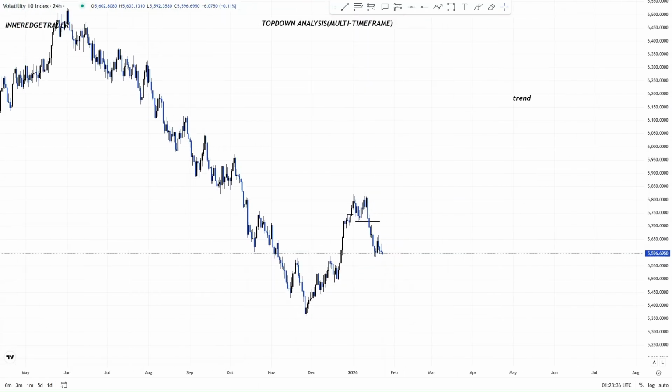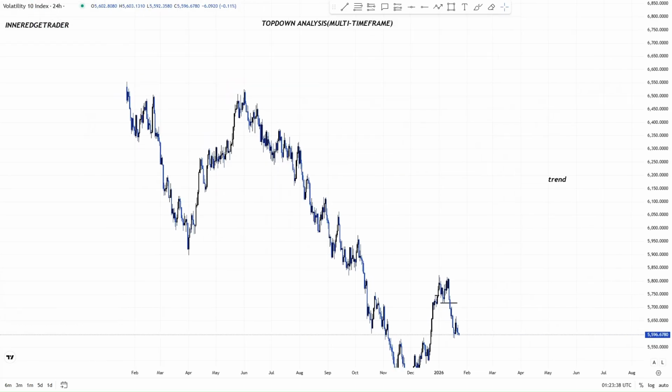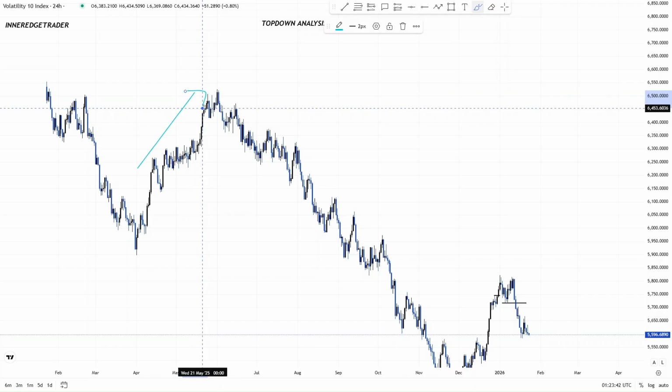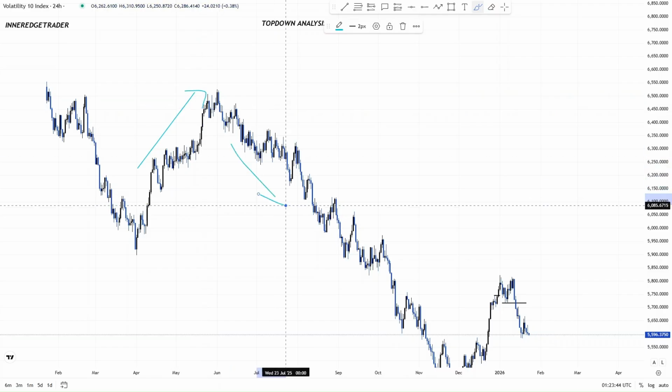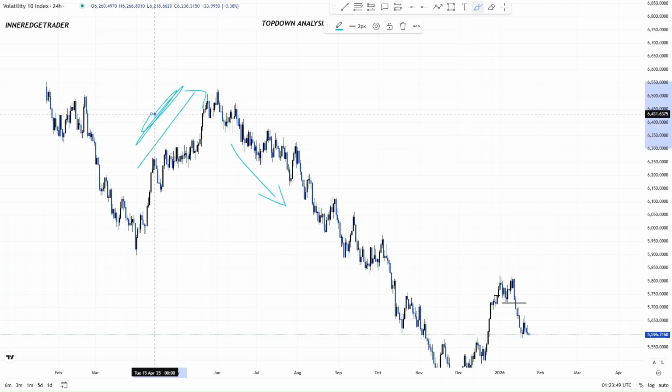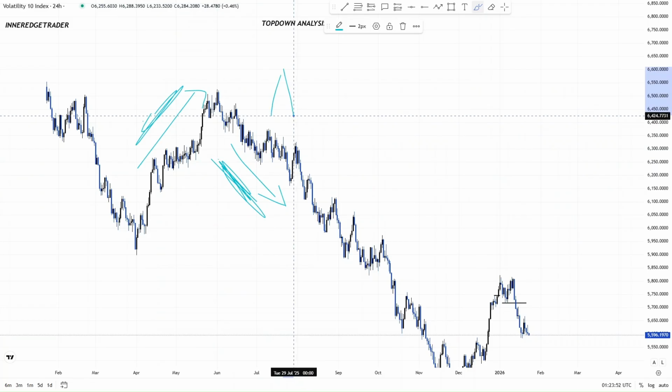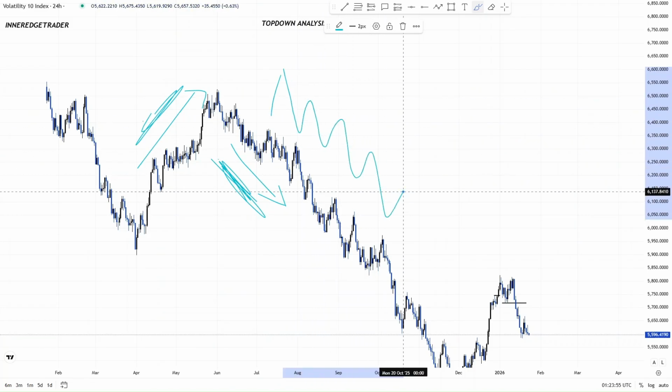You have to know where the market is going and how the market is moving. So this is an upward movement of the market, and this is a downward movement of the market because market is making a series of lower lows as seen.